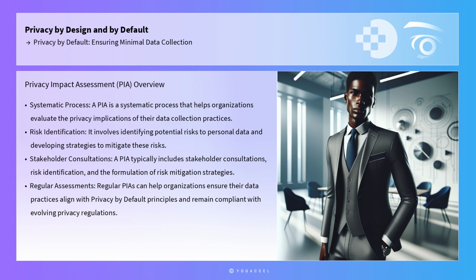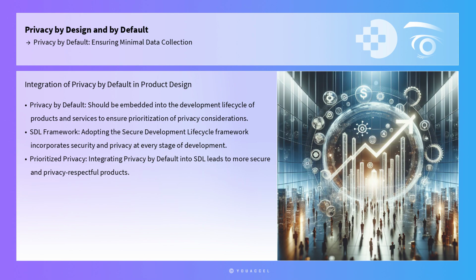A PIA typically includes stakeholder consultations, risk identification, and the formulation of risk mitigation strategies. Regular PIAs can help organizations ensure that their data collection practices align with privacy by default principles and remain compliant with evolving privacy regulations.